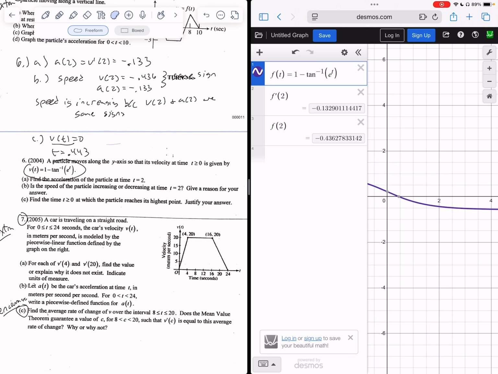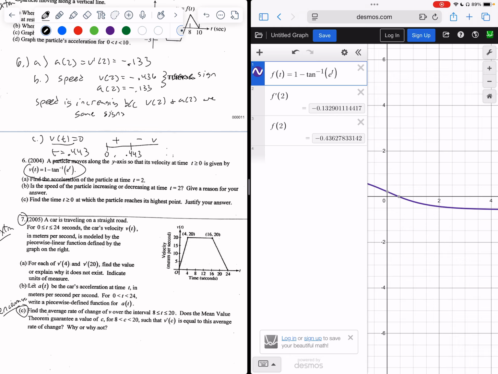Well, I can use sign charts. I love sign charts. Starting at 0, my one critical point, 0.443, and I'm going to look at the velocity. I can tell by looking at the graph of my velocity that between 0 and 0.443, we are above the axis, so it's positive.